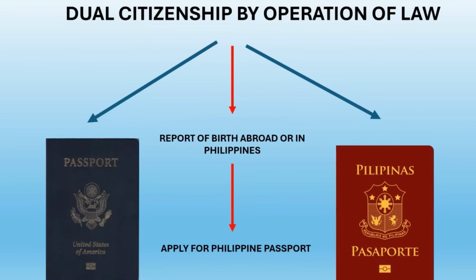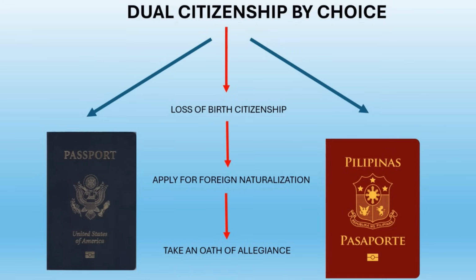The child does not need to take an oath of allegiance because the child is considered a dual citizen by operation of law. Now, the second type of dual citizenship is dual citizenship by choice. For this type, a Filipino who migrated abroad and lost his or her Filipino citizenship by virtue of foreign naturalization can reacquire Filipino citizenship.